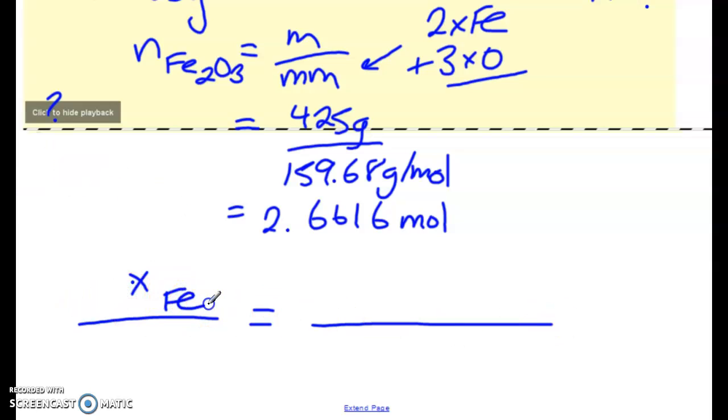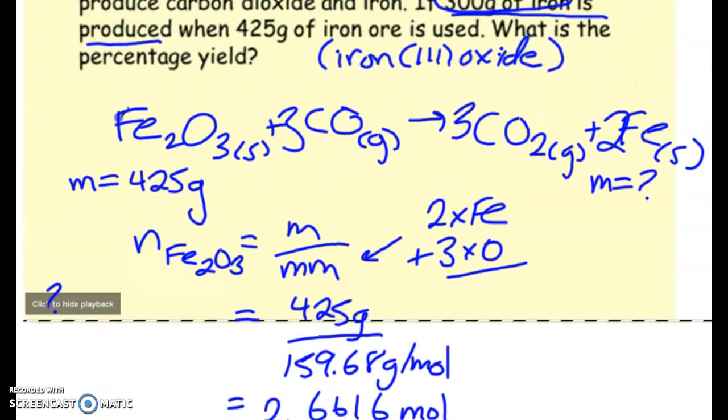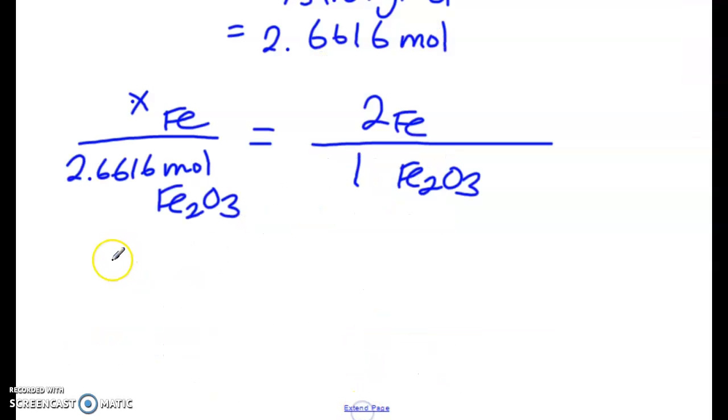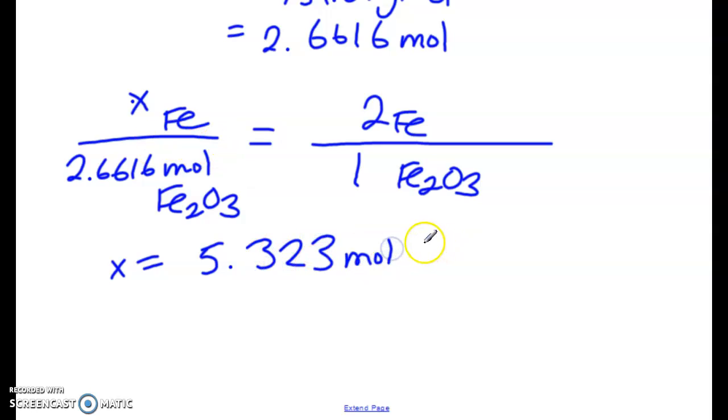Okay, so we want to solve for iron. Our moles of iron oxide are going to be on the denominator. And then our coefficients here are going to be 2 and 1. So our X value is going to be essentially our moles times 2, which is going to be 5.323 moles, and that is for iron. Lastly, let's solve for our theoretical, which is moles times molar mass.